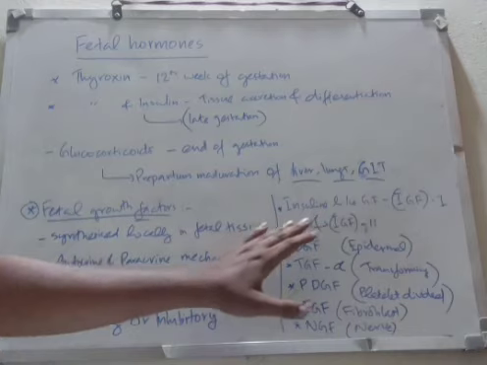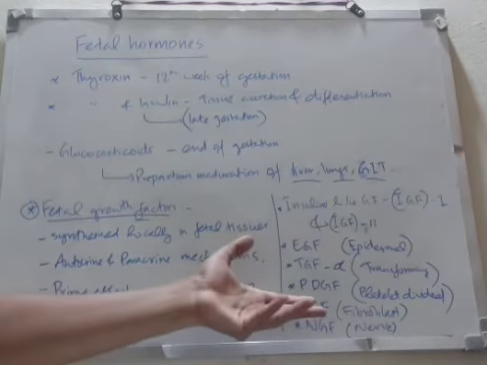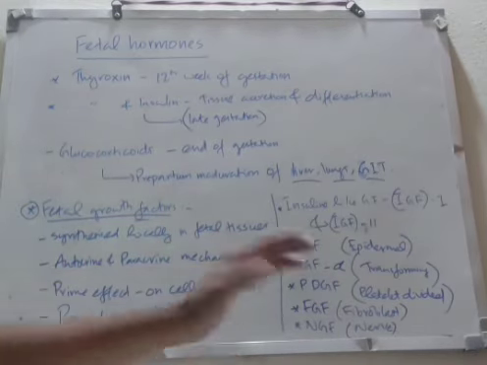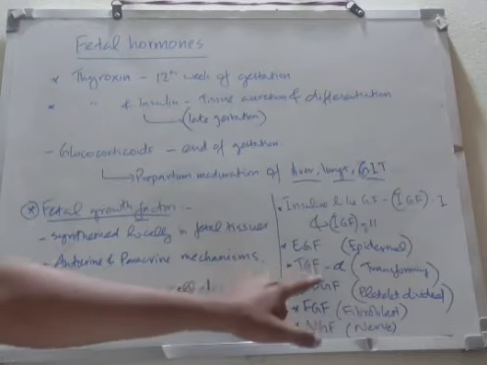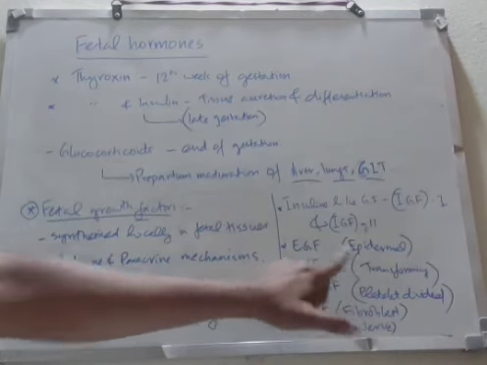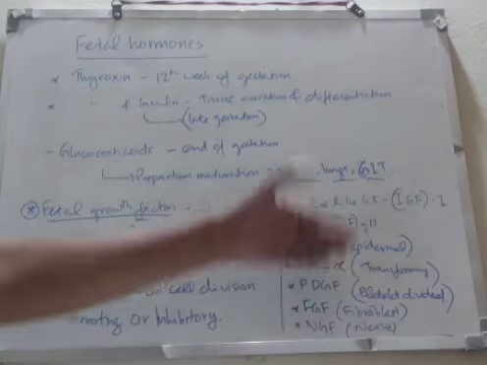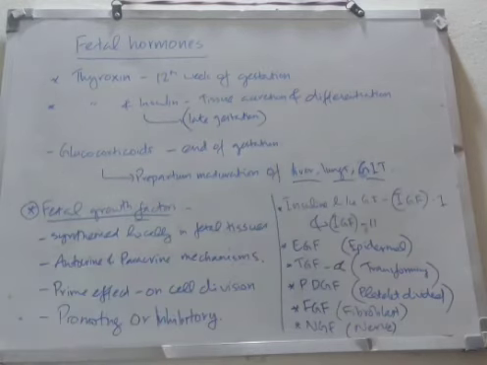These are the promoting growth factors, and there are several inhibitory factors, including TGF beta, transforming growth factor beta. Alpha is promoting and beta is an inhibitory factor.